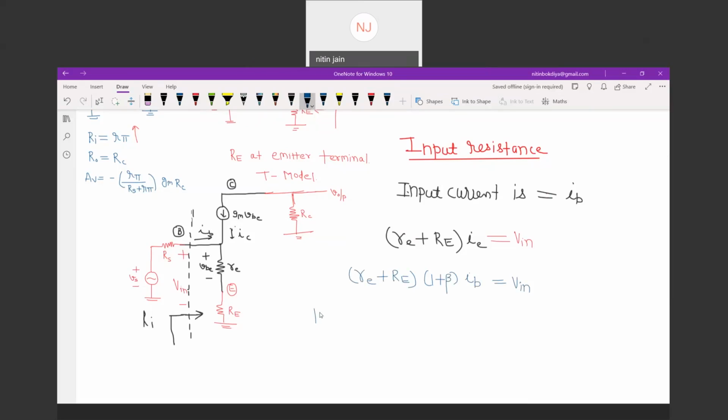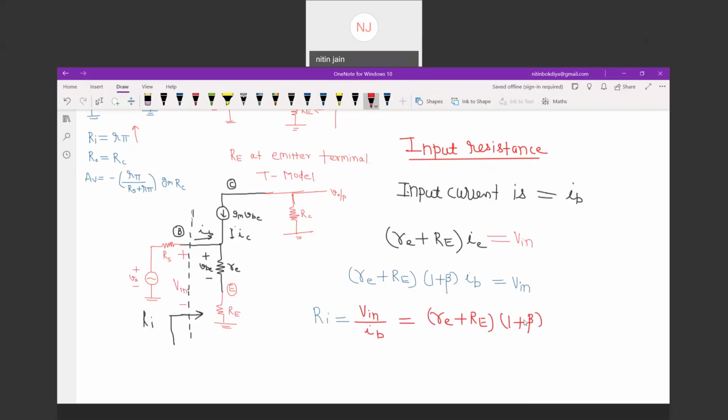So what we can say, the input resistance is the ratio of Vin divided by IB, which is (re plus RE) into (1 plus beta). क्या हुआ है, it will increase the input resistance and good for voltage amplifier.